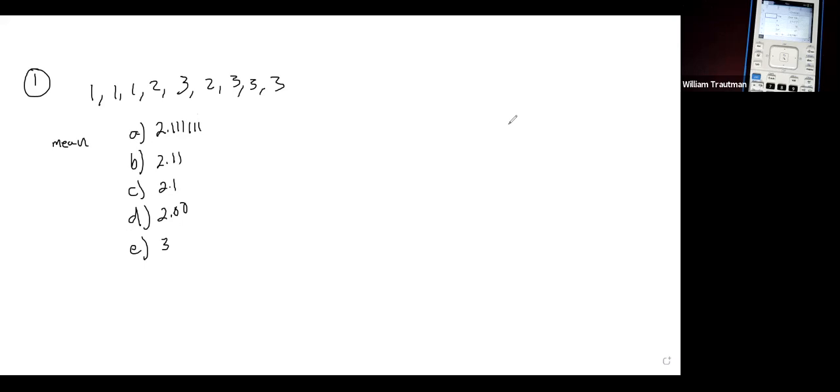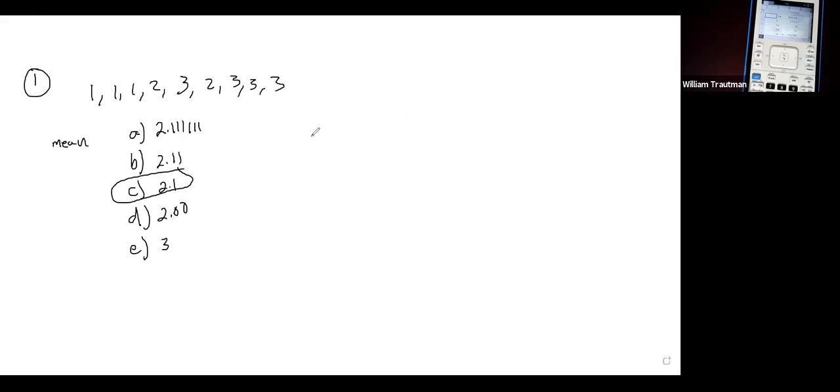I did this on purpose because I think this is almost the most missed question on the test. I see some C's, I see D's, I see B's. So there's a few different answers. Now, the correct answer is what everybody said, C, 2.1.